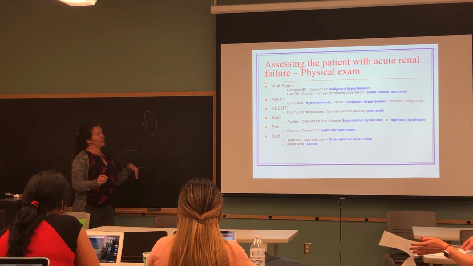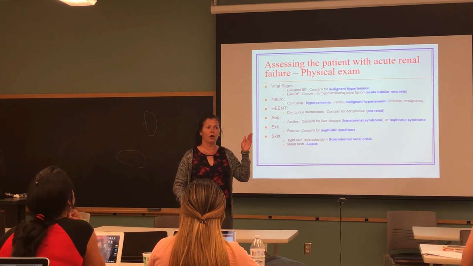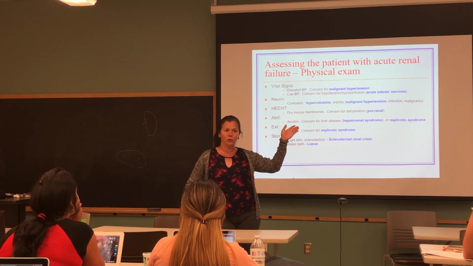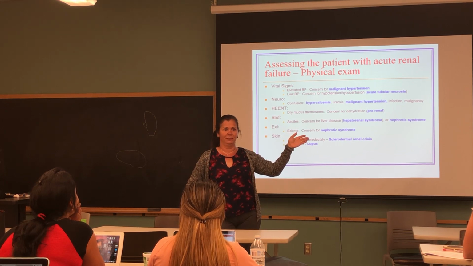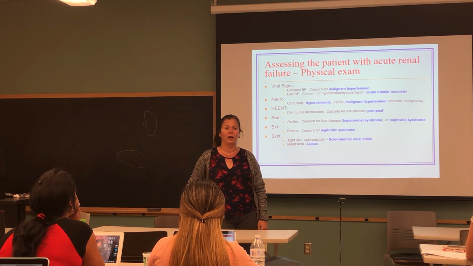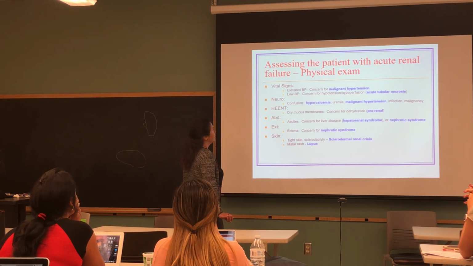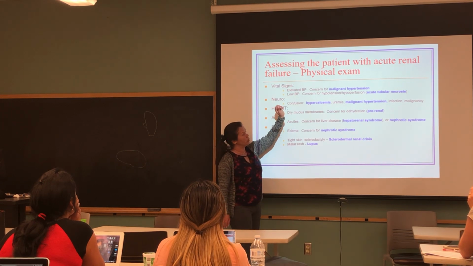So going through the physical examination, wouldn't you be concerned if the patient now comes with a blood pressure of 200 over 120? That not only will give you decreased hypoperfusion, but if the patient has been a long time with uncontrolled hypertension, that leads to renal nephropathies, right? And intrarenal renal failure.